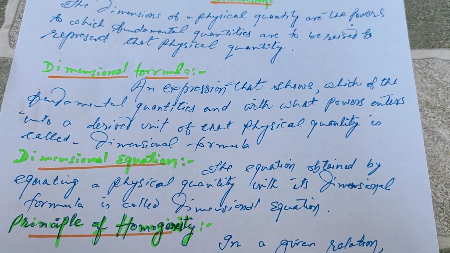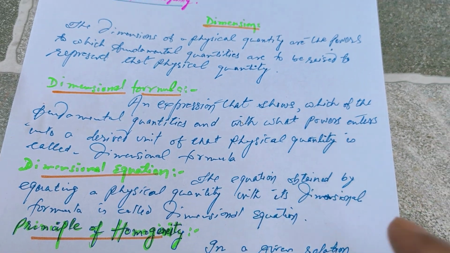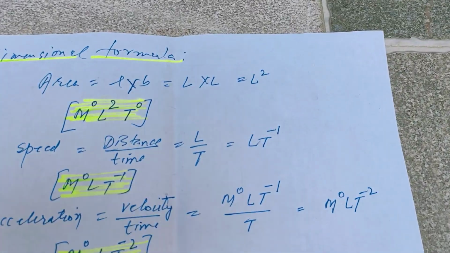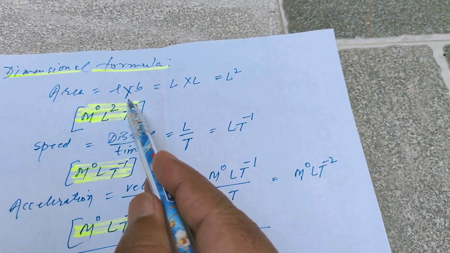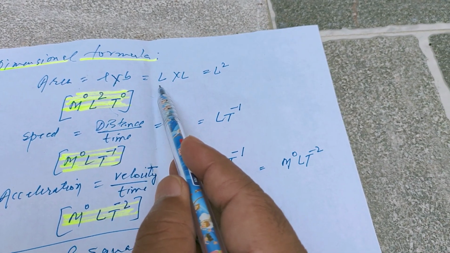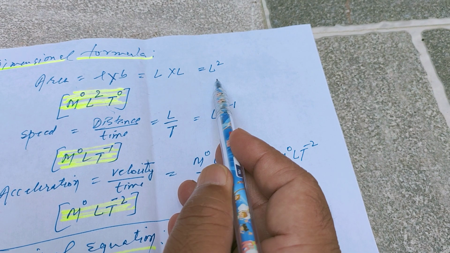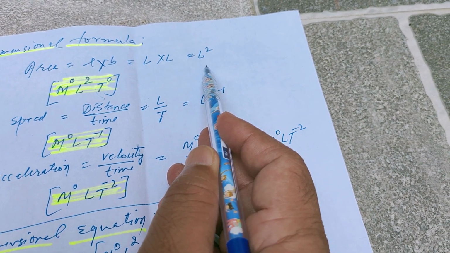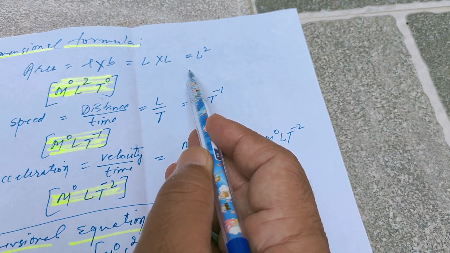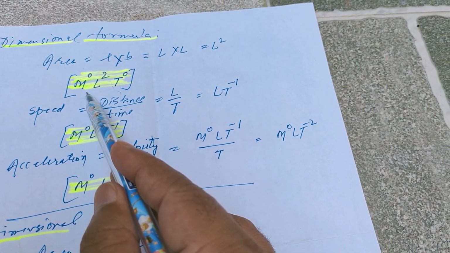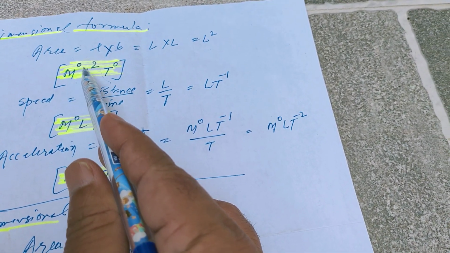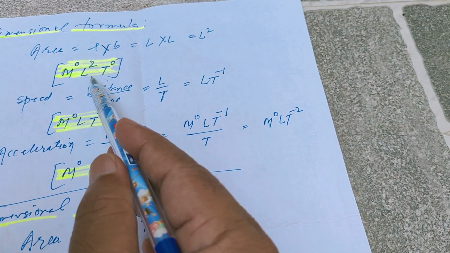Again, to understand this definition, you can take one more example. Area is length into breadth. I have written it as length into length, so this will become length square. No mass is included, no time is included, so as mass is not there in this formula, mass is raised to power 0.